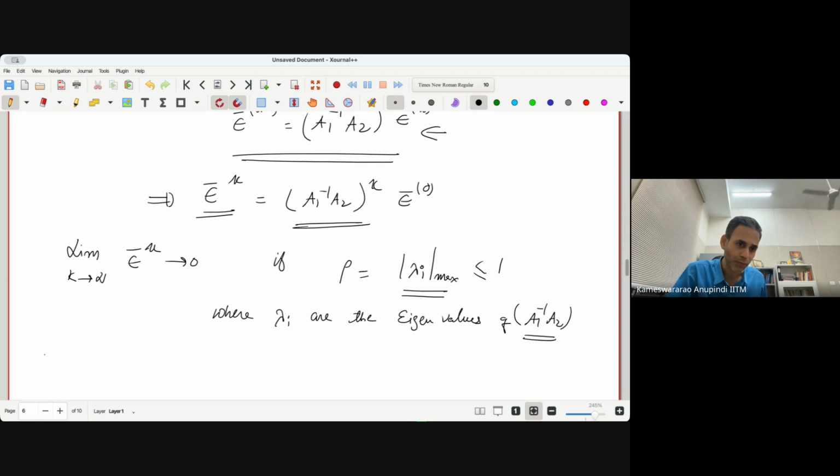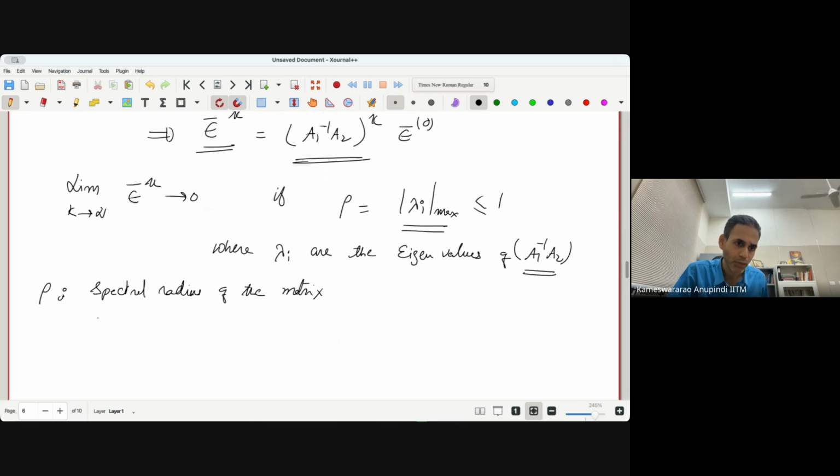Here we call rho the spectral radius of the matrix, and it is going to control the rate of convergence of the iterative scheme.